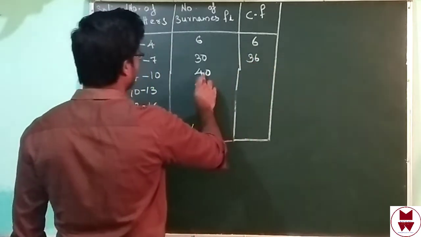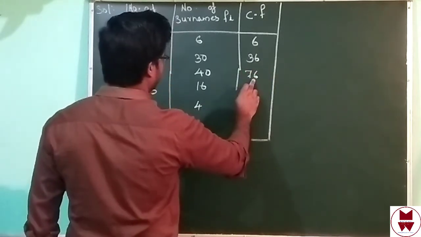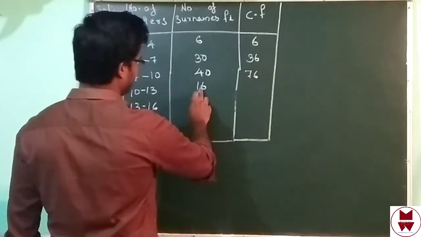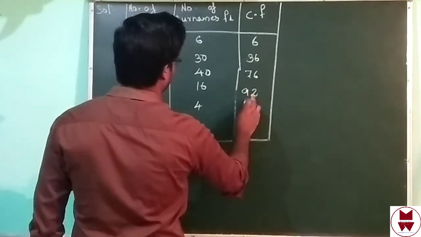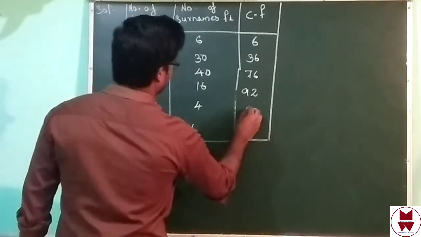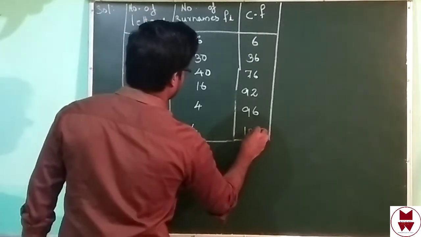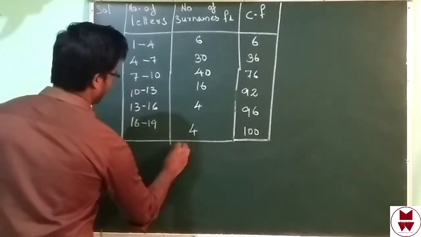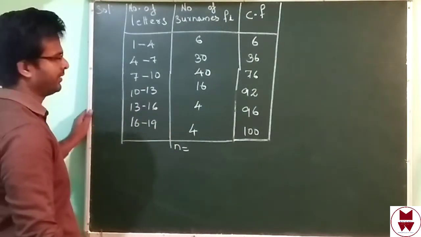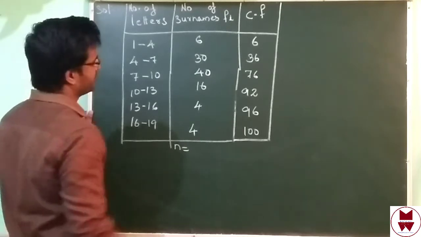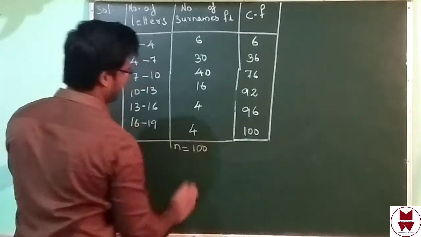Then 36 plus 40 is 76. 76 plus next number, that is 16, 92. 92 plus 4, 96. 96 plus 4, 100. Then in here small letter n, otherwise capital letter N, anything you can use. I am using small letter n. What is small letter n? That means if you add all the frequency, you will get 100. You can write in here 100.